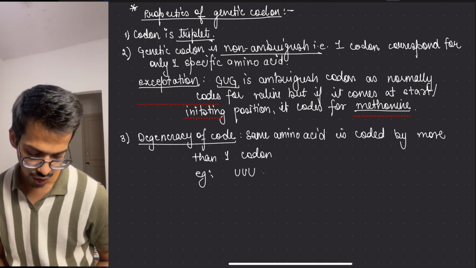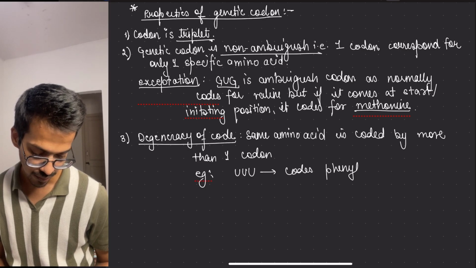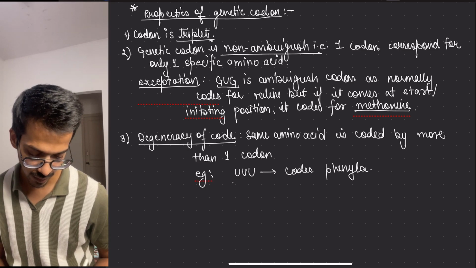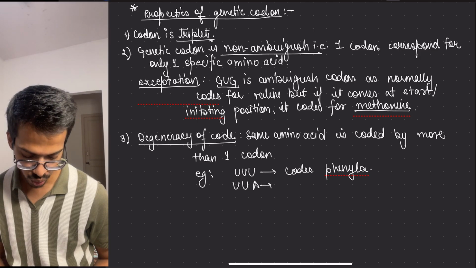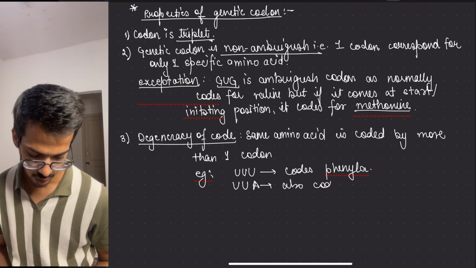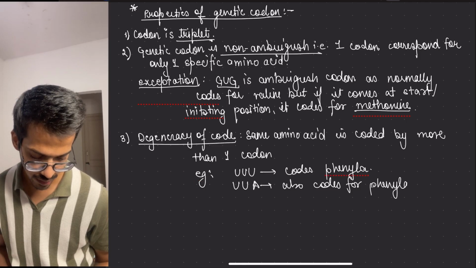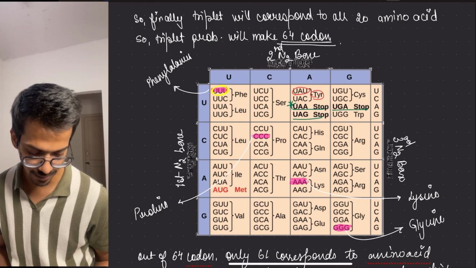Example: UUU codes for phenylalanine, and UUC also codes for phenylalanine.